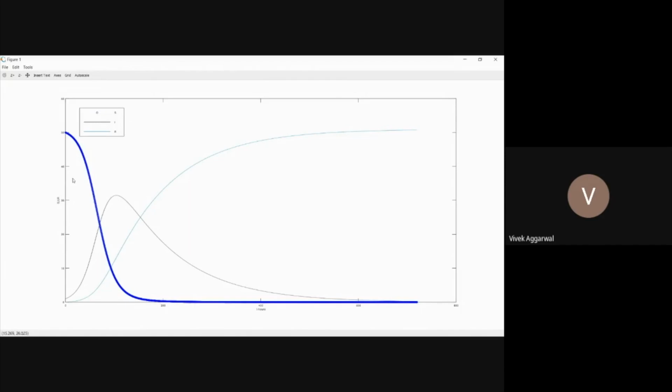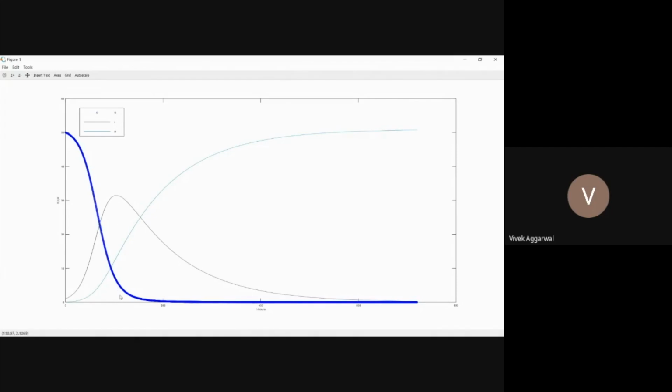So if the susceptible is going down, it means infected people should increase. So I, the black one, is the infected people. So this is the infected people, this black figure. If you see from here, as the time is increasing, this black figure is going up, and it goes up to a maximum of 30, and then it starts decreasing.